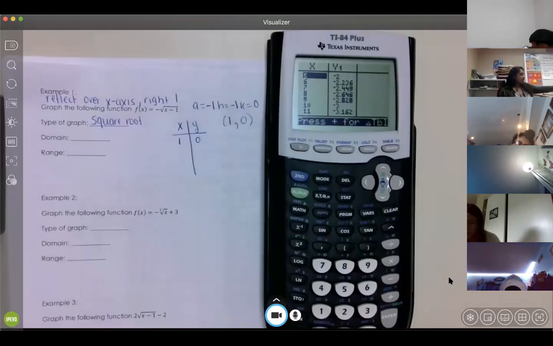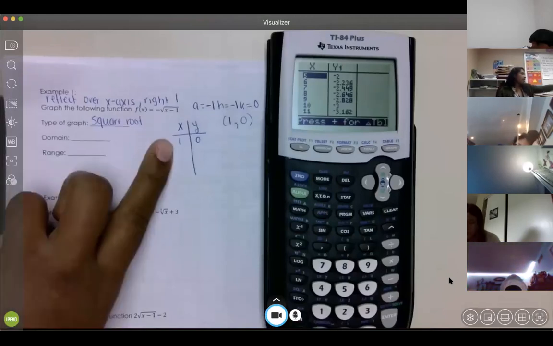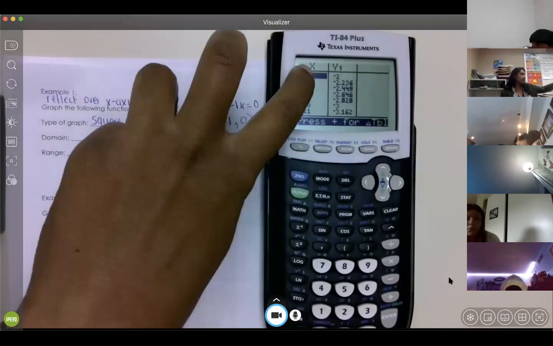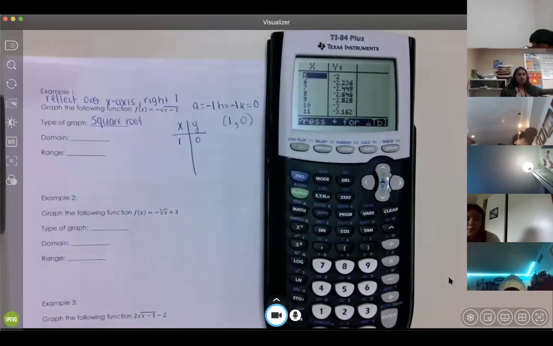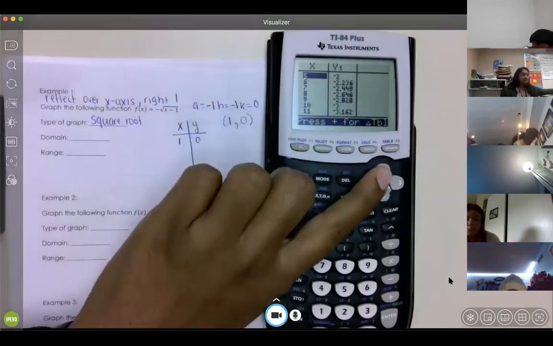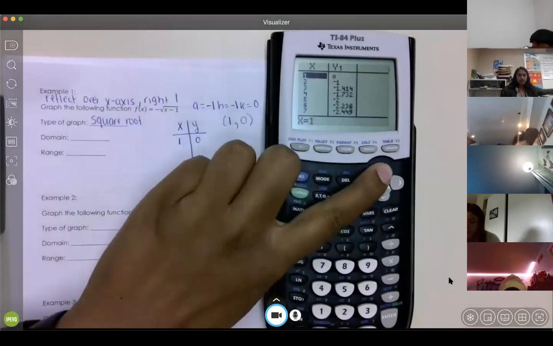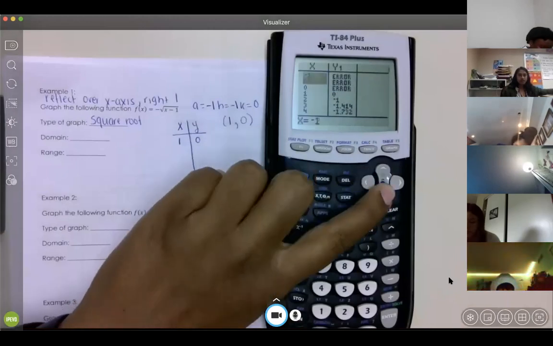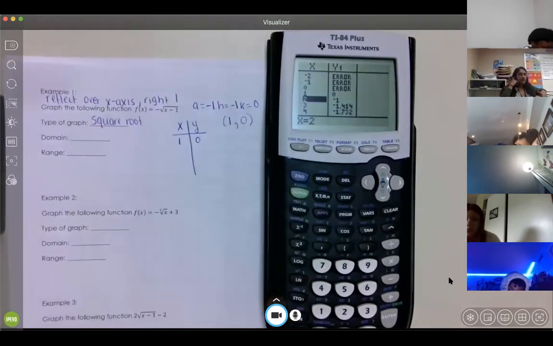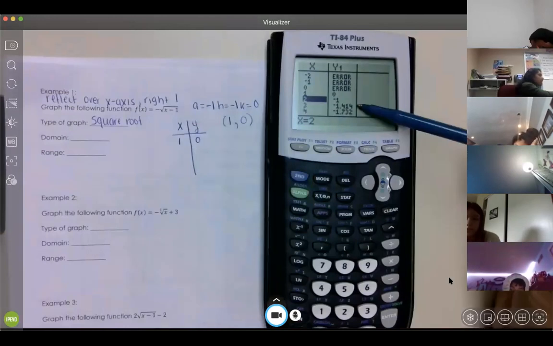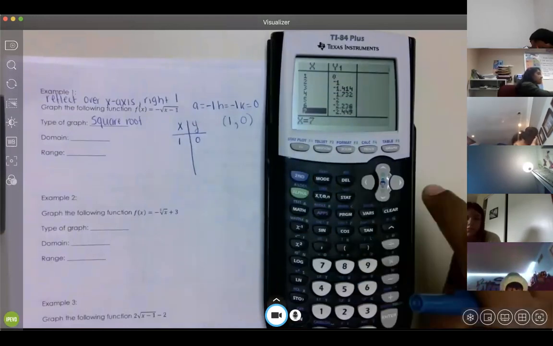Remember I said that you want to start at 1, 0. My table of values right now is at 5. I don't want that, so I'm going to scroll up until I get to 1, 0. And then you want to choose points that are easy to graph. You'll notice that a lot of these are decimals. Those are going to be kind of hard to graph, so I'm going to choose whole numbers that are easy to graph.